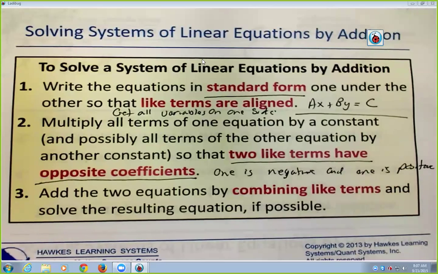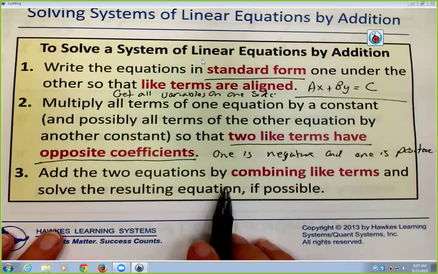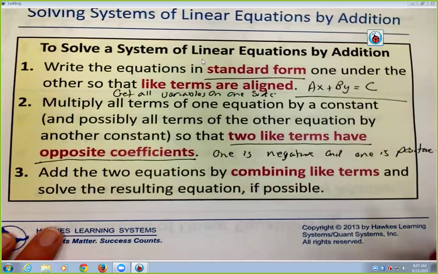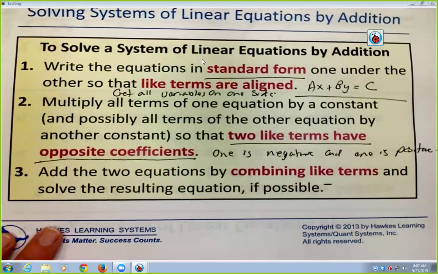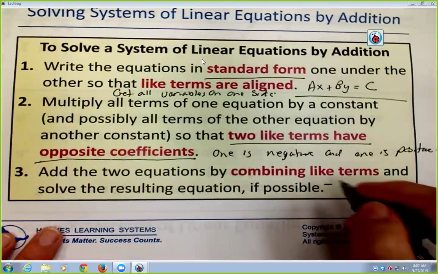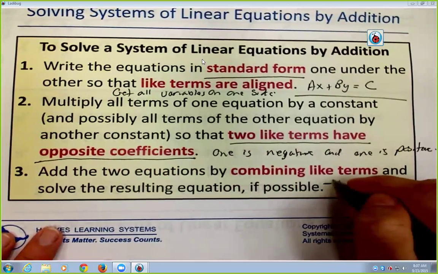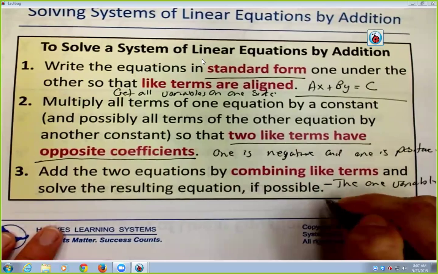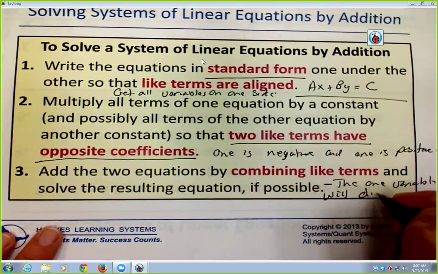So we want one that's going to be negative and one that's going to end up being positive. The final piece is add the two equations together, combining like terms, and solve the resulting equation. When you do this, one variable will disappear.